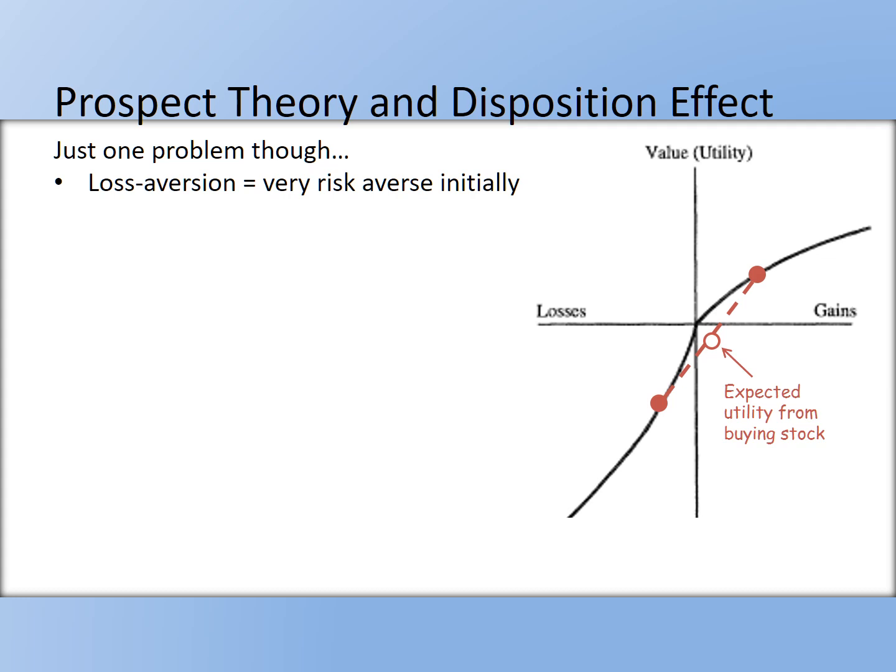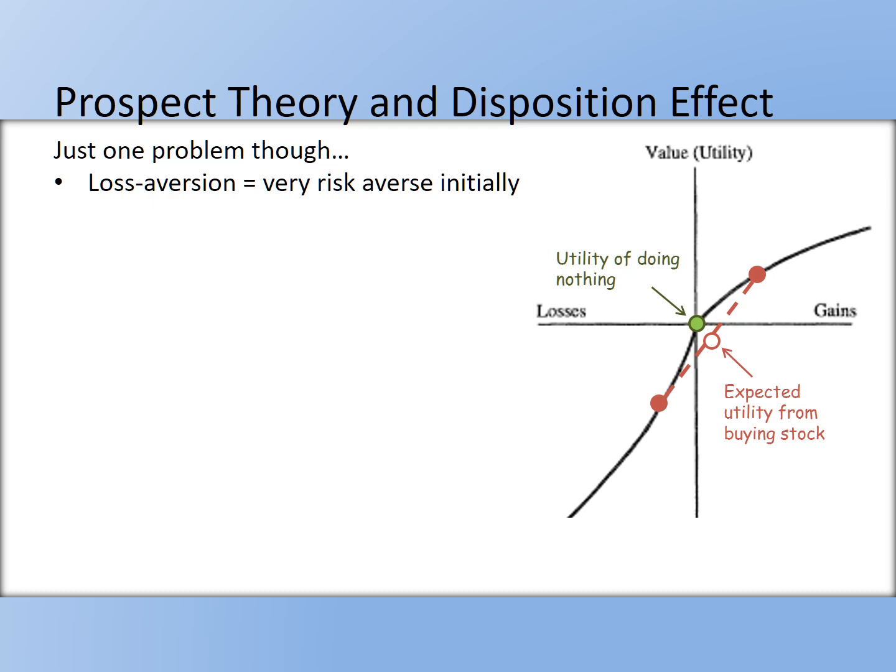The kink makes the utility function concave. So this is actually concave. This line is concave at this point. It's concave by the definition of concavity.